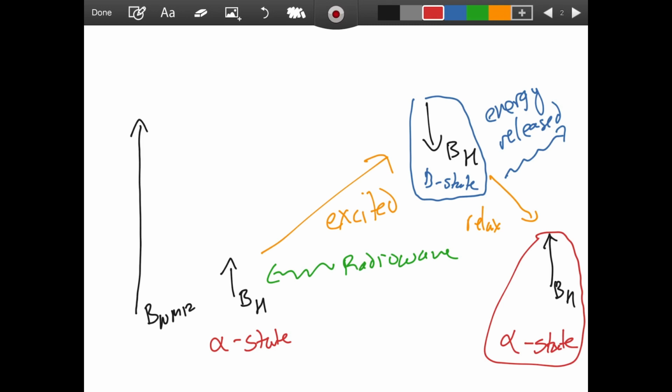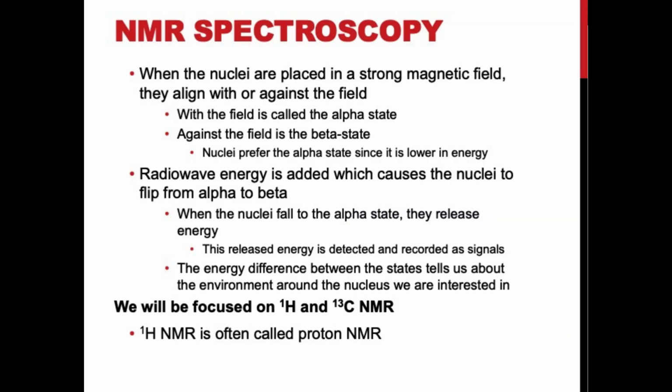It tells us what is around that hydrogen. It tells us something about its environment. And we can use that information to then figure out what our molecule is. So we get an idea of what the molecule looks like and what it's around based on this energy that is released.